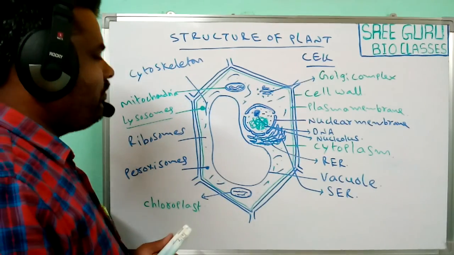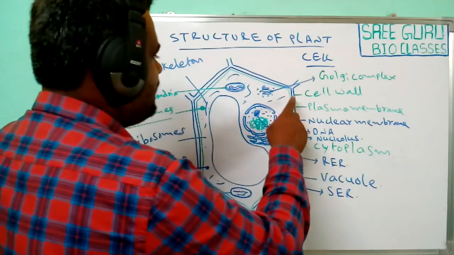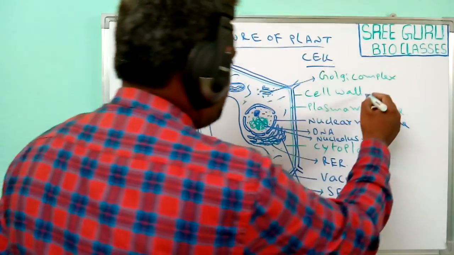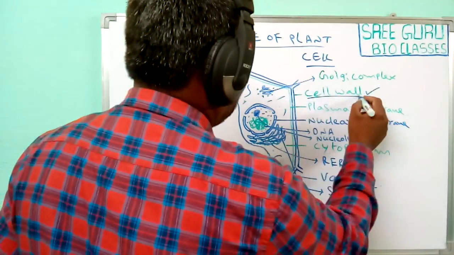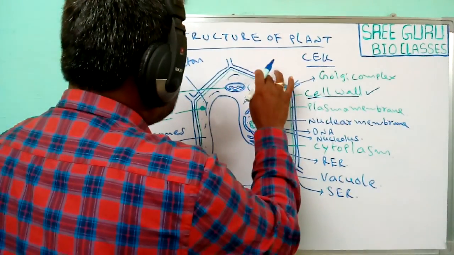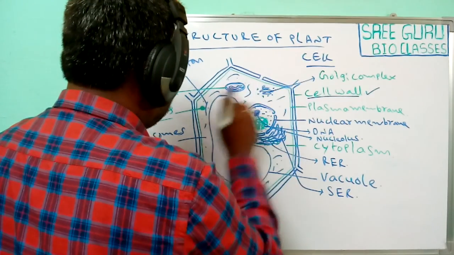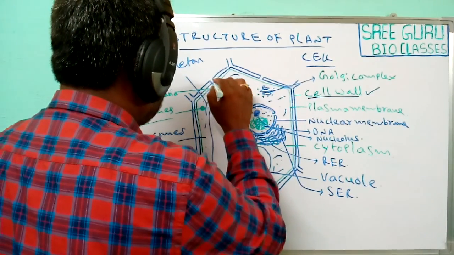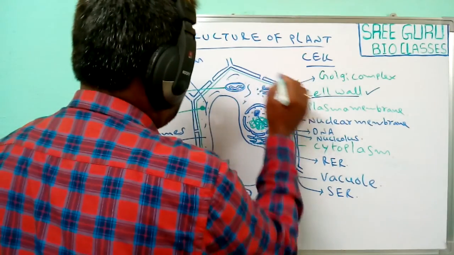Most of the features present in the plant cell include the presence of the cell wall. It is one of the most important characteristic features observed especially in plant cells. These plant cell walls also have junctions known as plasmodesmata.